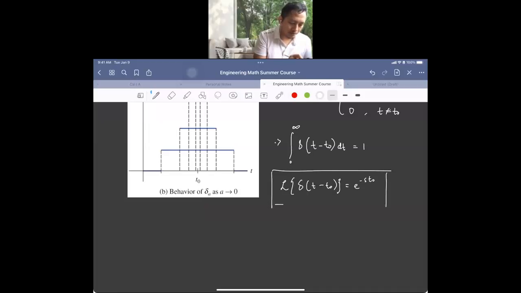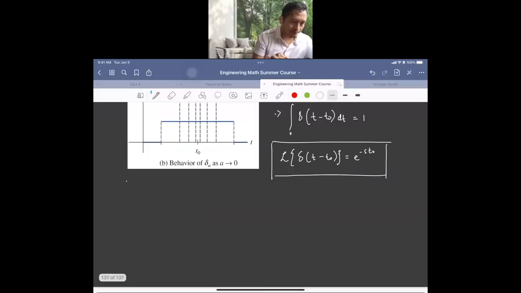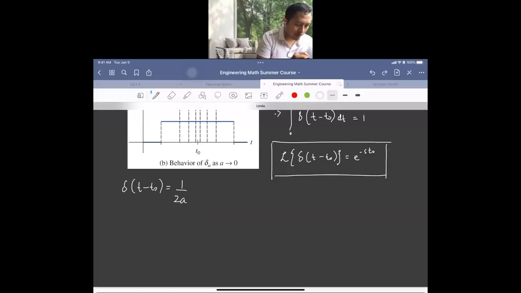So the Laplace transformation is just this. We can take the Dirac delta as 1 over 2a and then write up the inside.